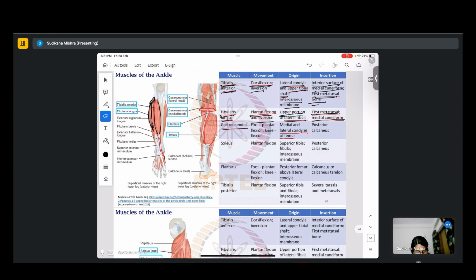Next is gastrocnemius, which is responsible for foot plantar flexion and knee flexion. It originates at the medial and lateral condyles of the femur. So it's a very large muscle, and it inserts into the posterior calcaneus.